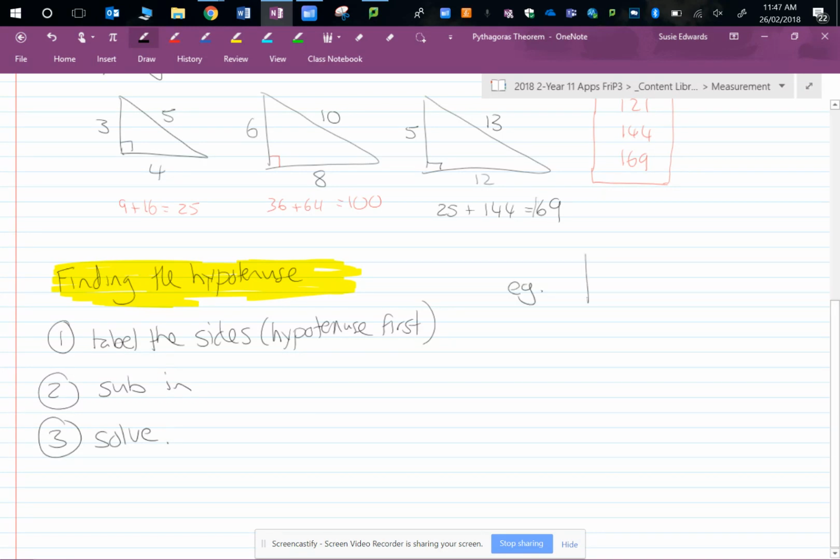So for example, I've got this triangle. Now you're going to know the answer to this straight away because you learnt so much in the last five minutes. But we're going to actually use our formula to work it out as well. My question is going to say solve for x.